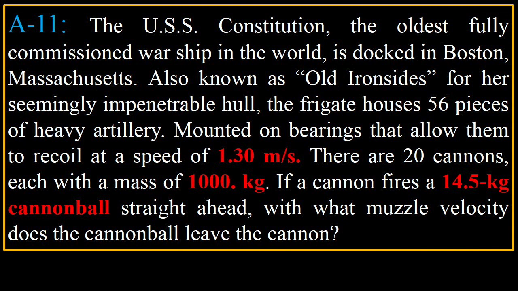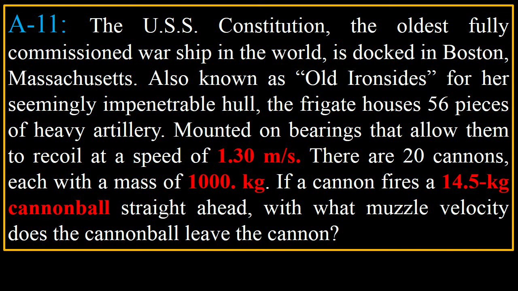The USS Constitution, the oldest fully commissioned warship in the world, is docked in Boston, Massachusetts. Also known as Old Ironsides for her seemingly impenetrable hull, the frigate houses 56 pieces of heavy artillery, mounted on bearings that allow them to recoil at a speed of 1.3 meters per second.